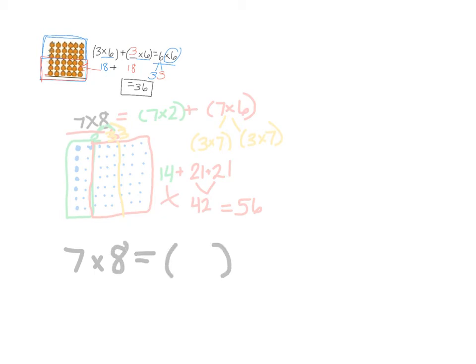I like to write up my parentheses like that, a part, and another part, and another part. And so 7 times 8 is the same thing as 7 times 2, and then 3 times 7, and 3 times 7. So that's breaking it up into 3 parts, which is really tricky. It's tricky, but helpful to see it that way, I think.